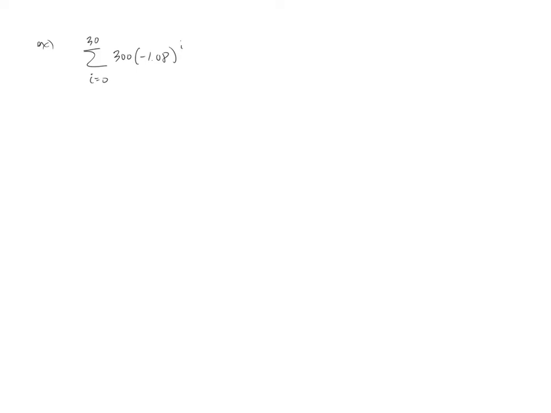Okay, so we've got a finite geometric series. Notice it ends at 30. Which means that we'll need to use the formula a sub 1 times 1 minus r to the n over 1 minus r. The first term, a sub 1, can be found by taking the 0 and plugging it into the i. So a sub 1 gives us 300.